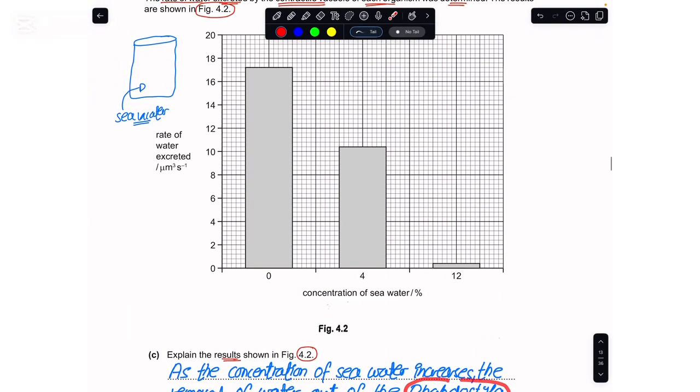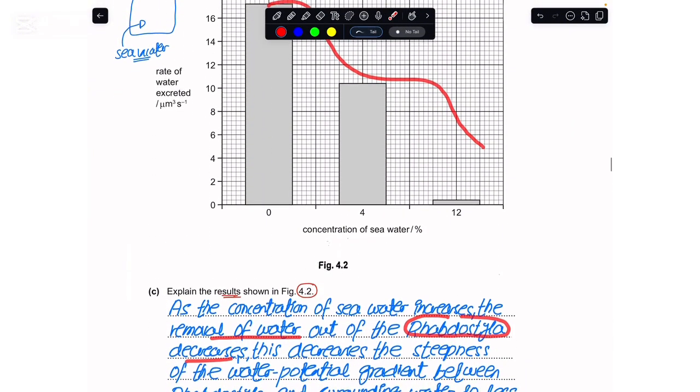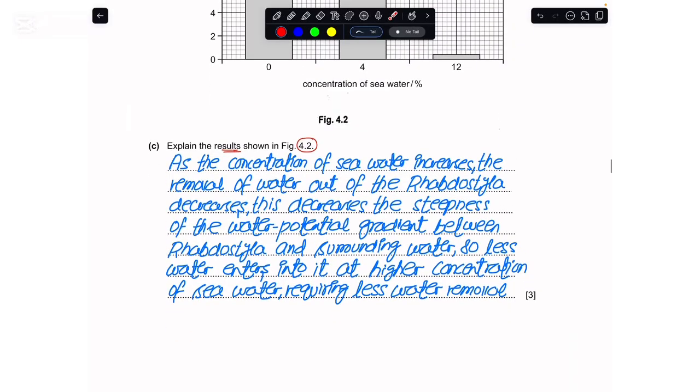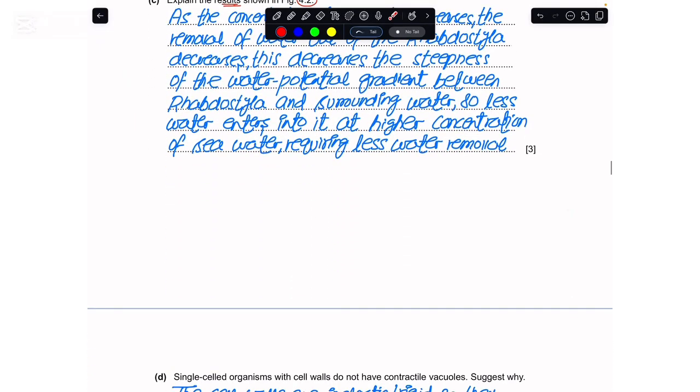Like, you can simply see that as the concentration is increasing, less water is being excreted out of these Rhabdostyla, and for sure this would decrease the steepness of the water potential gradient that exists between the Rhabdostyla and the surrounding water. So for sure, less water would enter into them when the high concentration of seawater is available, and that would require the Rhabdostyla to remove less water out of their bodies.